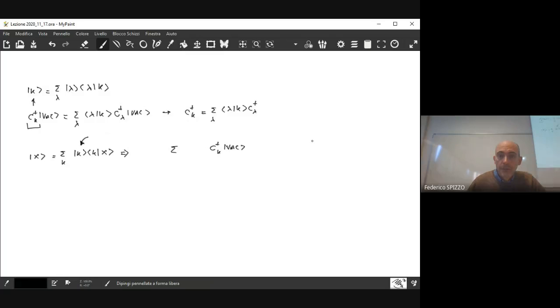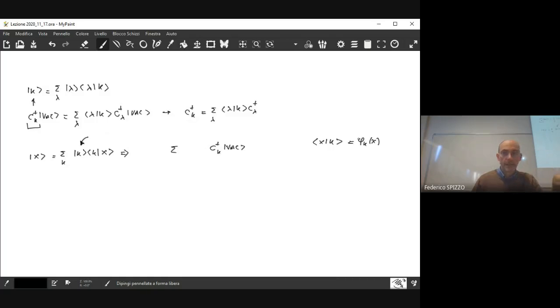In general, if you project one level over a position, what you find is the wave function, because it's just as if you said, I have level k, I want to see the projection of that level on that position.